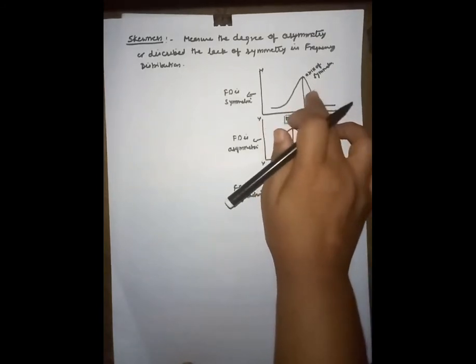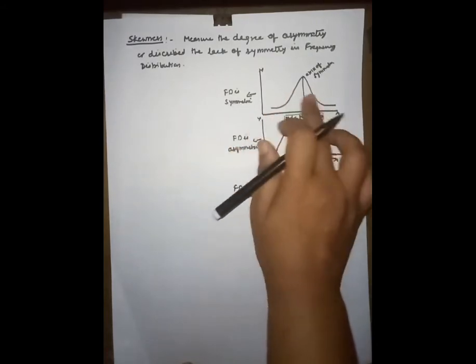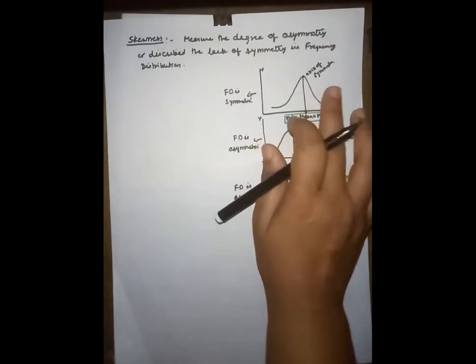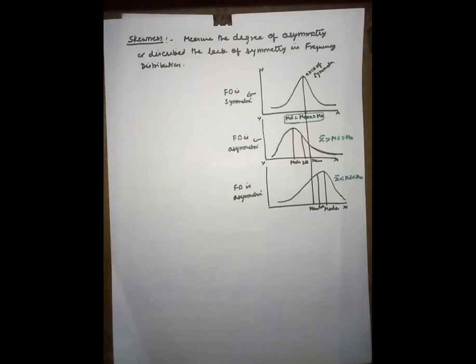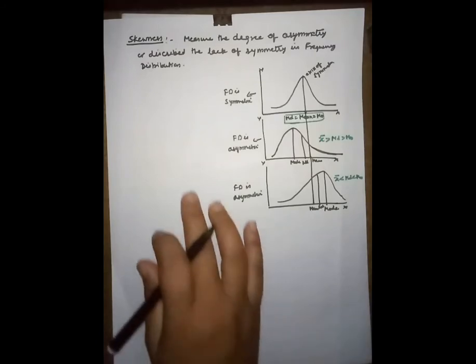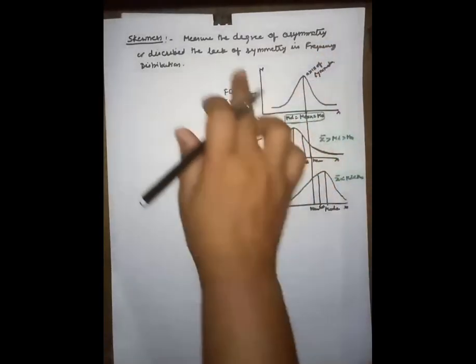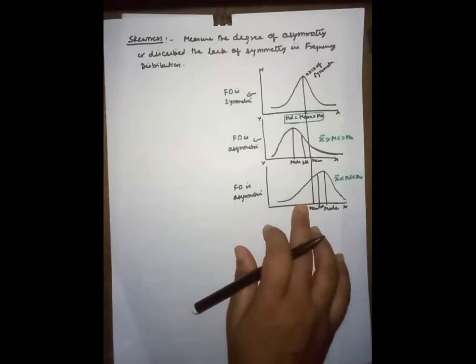But in case 1 there is no skewness because the frequency distribution is symmetrical. So skewness is related to, or measures, the degree of asymmetry, right?